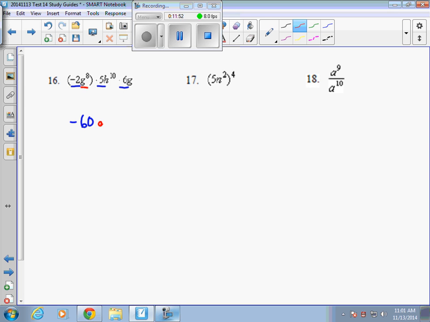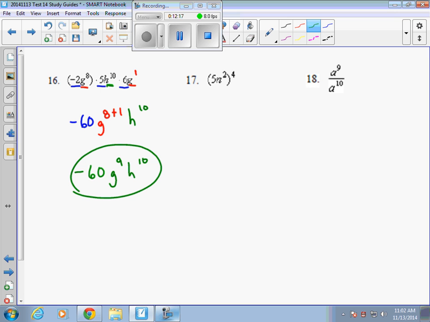G to the 8th times g to the 1st means g to the 8 plus 1. And then you have one more base that's different, h to the 10th. Notice there's nothing multiplying times that one. So all you can do to simplify this one is negative 60, g to the 8 plus 1 is g to the 9th, h to the 10th.